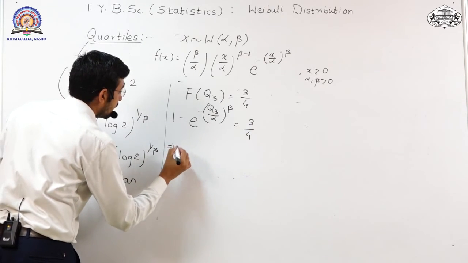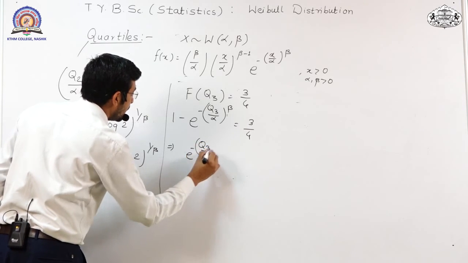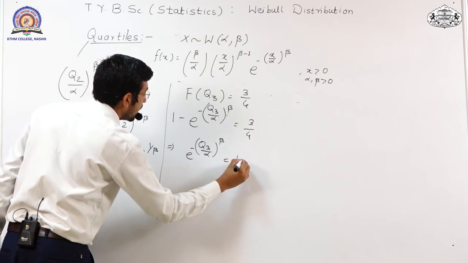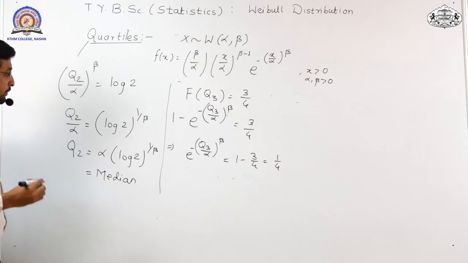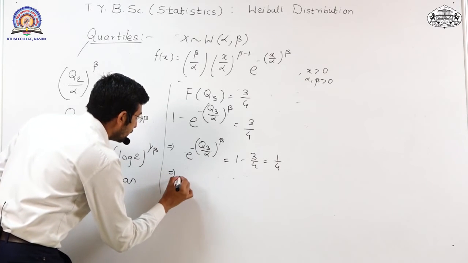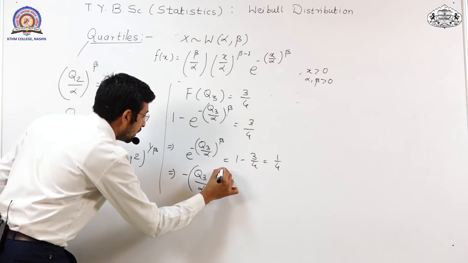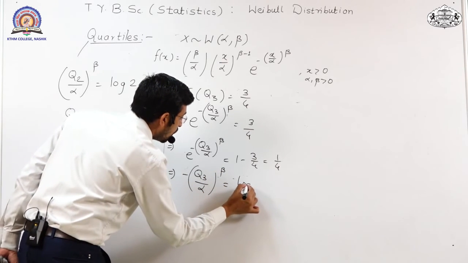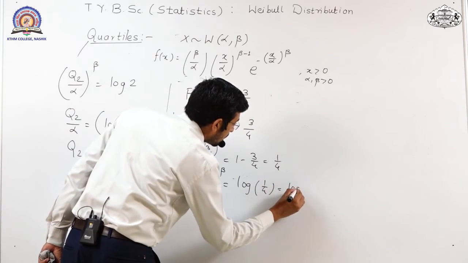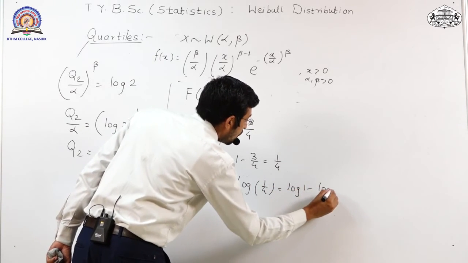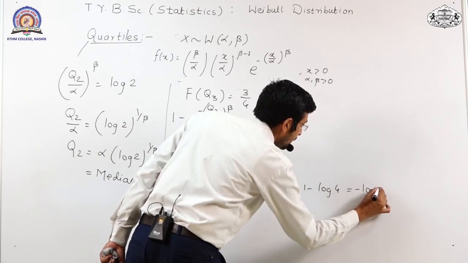So e raised to minus (q3 upon alpha) raised to beta is your 1 minus 3 by 4, which is equal to 1 by 4. Now taking log on both sides, we get minus (q3 upon alpha) raised to beta is equal to log 1 by 4, or we can write it as log 1 minus log 4, and we know that log 1 is 0. So this value is minus log 4.